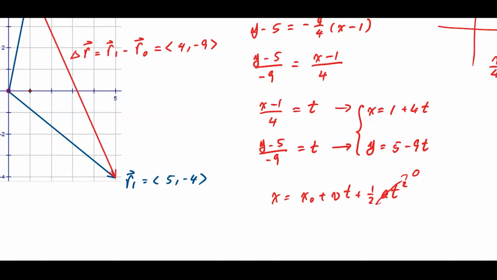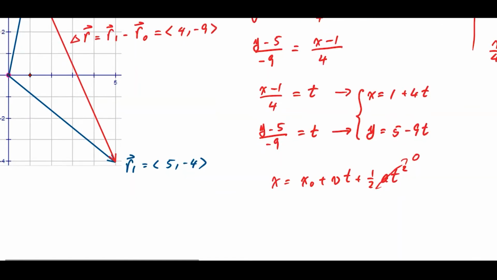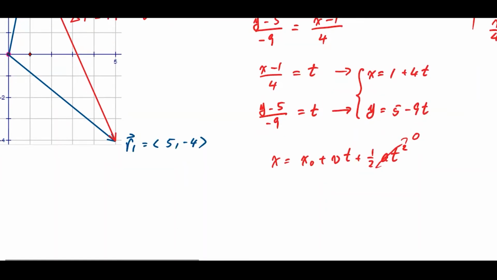Okay, I'm gonna write this as a vector notation. So I'm gonna change the color. Say, if I write it like this, x, y is equal to 1, 5 plus 4, negative 9 t.